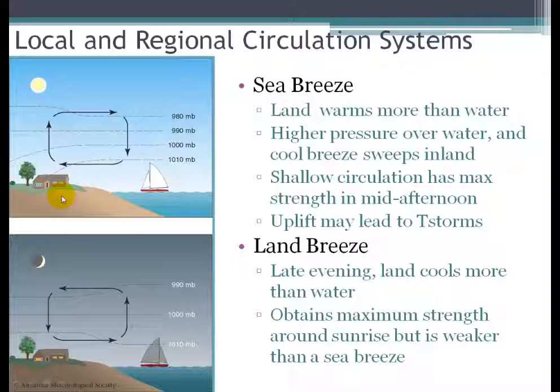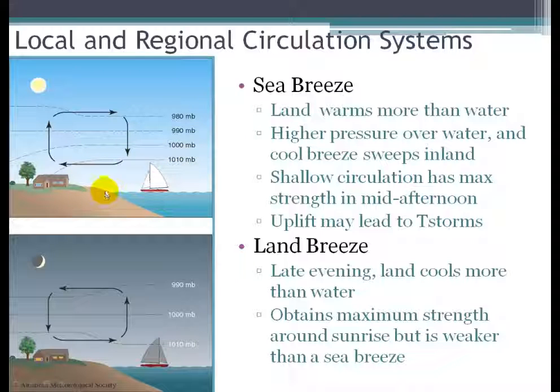So in a coastal situation, we end up with the land heating up very quickly. And here you see the isobars. You can imagine once the land is heated up, the air becomes less dense, the warm air rises, and we get a relatively low pressure, kind of a thermal low, not even really that defined, forming over the land, compared to the ocean where the pressure is going to be relatively higher.